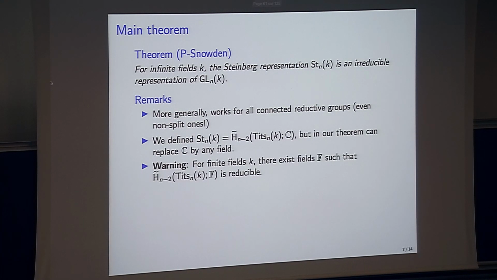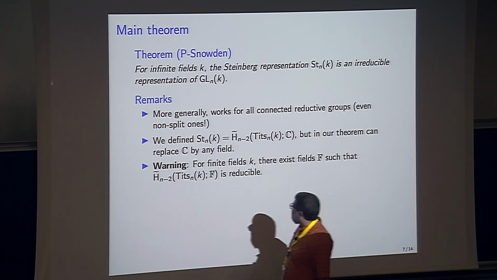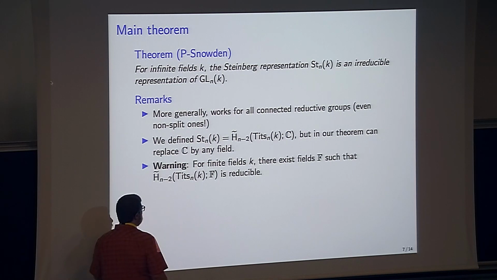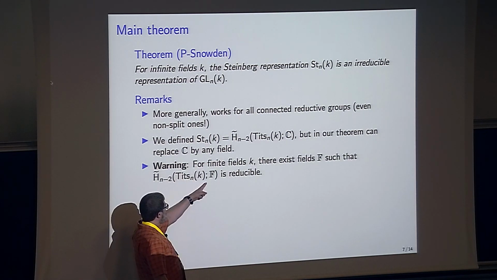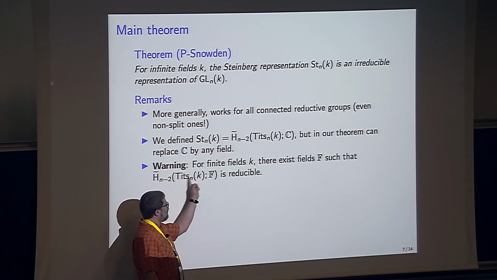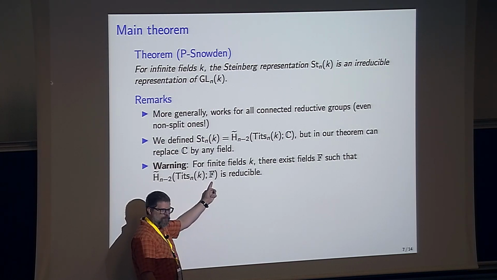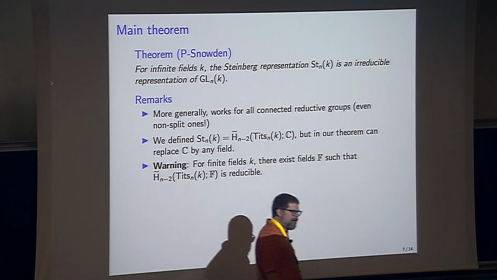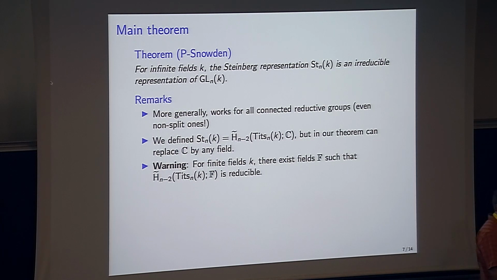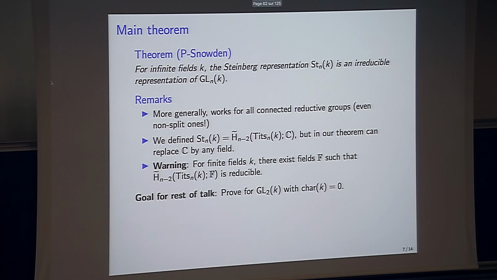And that tells you that our theorem really has something to do with infinite fields, because it turns out that for finite fields K, there exist other fields F so that the Steinberg representation over F is reducible. So our theorem is really a theorem about infinite fields. The general theorem we prove has no hypotheses about the coefficients, and therefore it can't possibly work over arbitrary fields. We have to use the infiniteness somewhere.